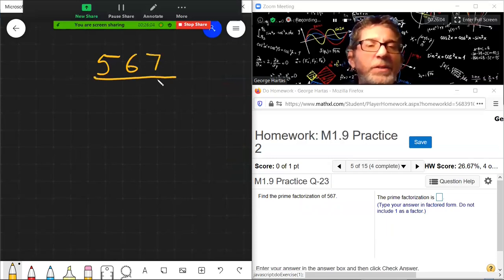What times what is 567? Not a clue. Odd number, all even numbers do not go into it. So let's try the number 3 by adding the digits to get the sum of the digits. 5 plus 6 is 11. 11 plus 7 is 18. And 3 divides into 18 evenly with no remainder.